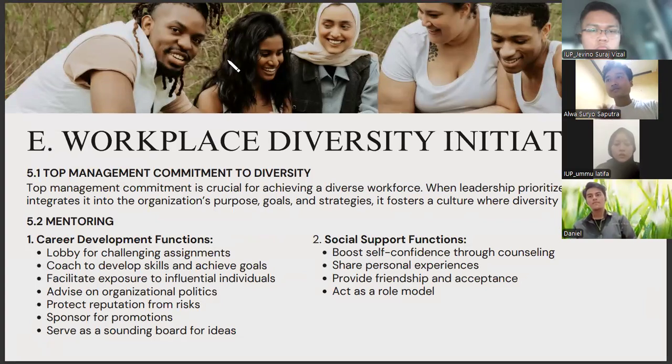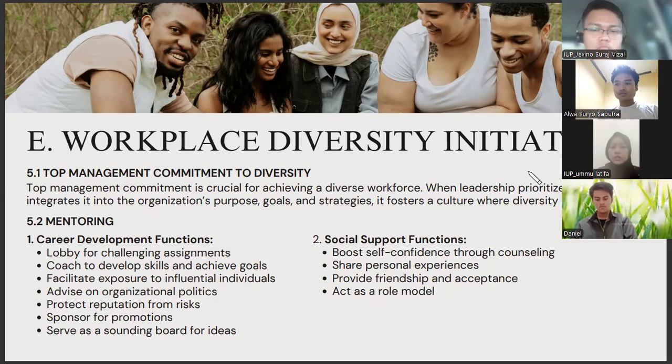Okay, let's talk about point E, workplace diversity initiatives. 5.1, top management commitment to diversity. Top management commitment is crucial for achieving a diverse workforce. When leadership prioritizes diversity and integrates it into the organization's purpose, goals, and strategies, it fosters a culture where diversity is valued.